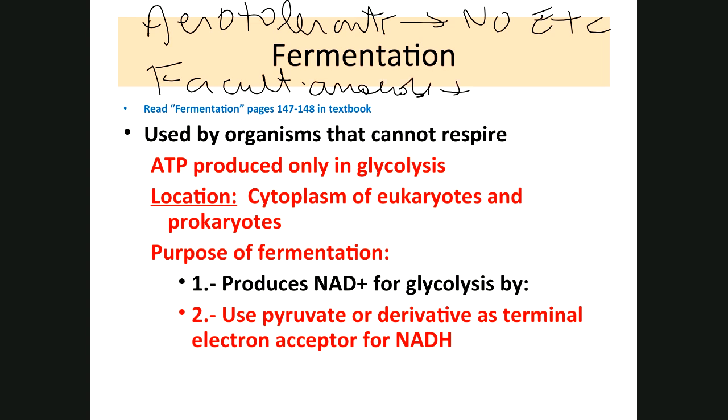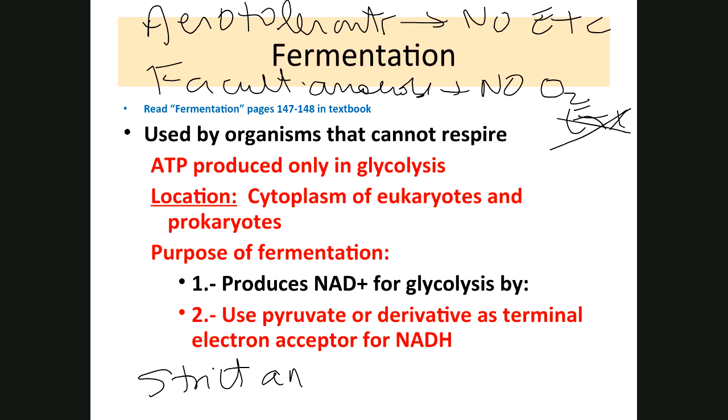If there is no oxygen, now they're not going to use their ETC, they're going to turn to fermentation. Think of a strict anaerobe. Some strict anaerobes have no ETCs. So they have no choice but to ferment.